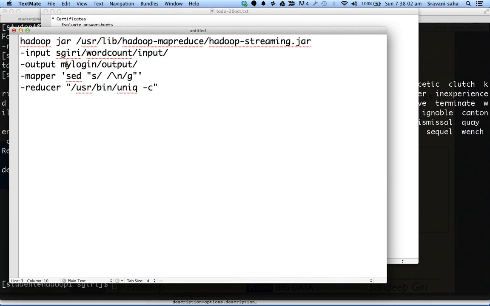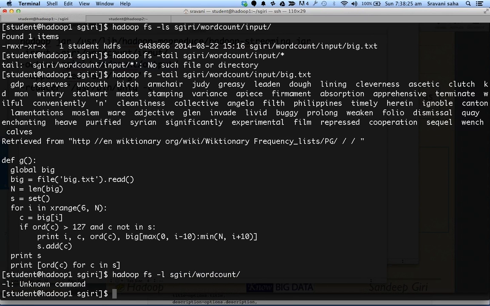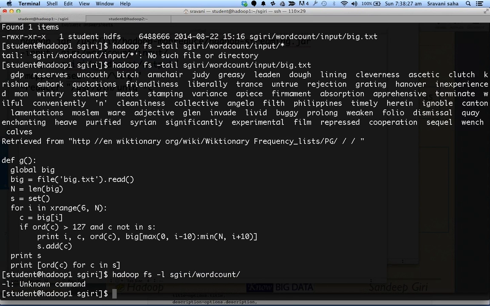Now let's put it over here and also check whether this output folder exists or not. Hadoop fs minus ls. So basically I'm doing a listing, seeing what is there.